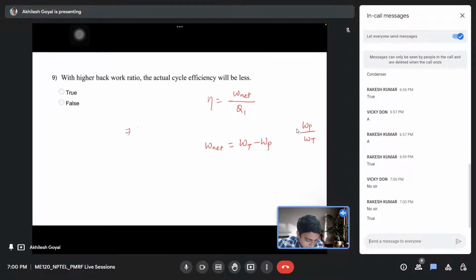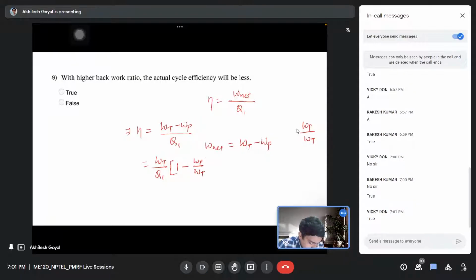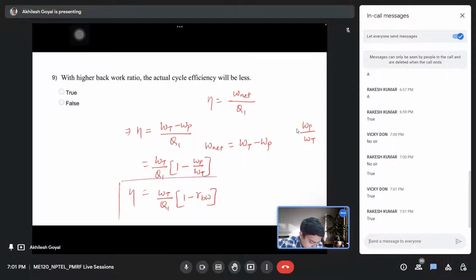So we can write efficiency η is equal to (WT minus WP) by Q1. Take WT common, so we get WT by Q1 into (1 minus back work ratio). So from here we can say true.